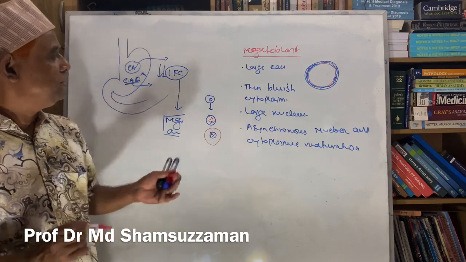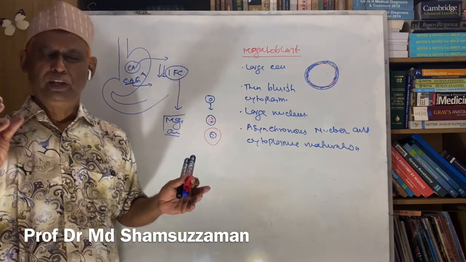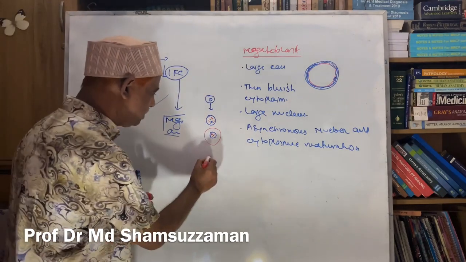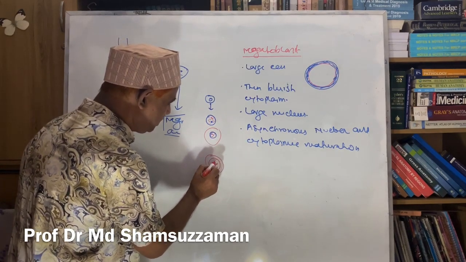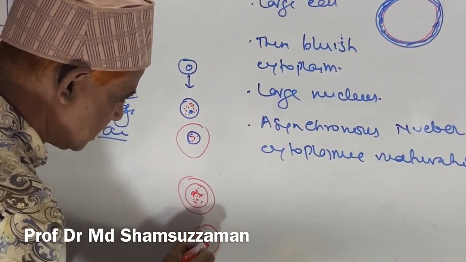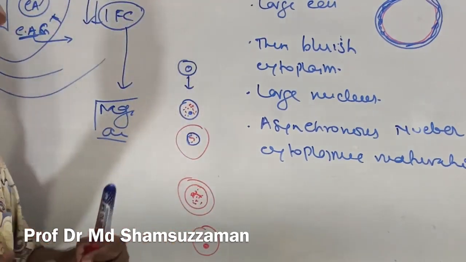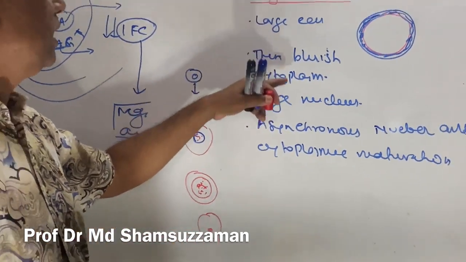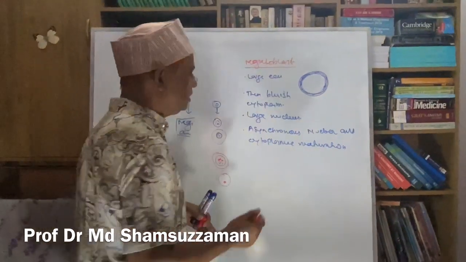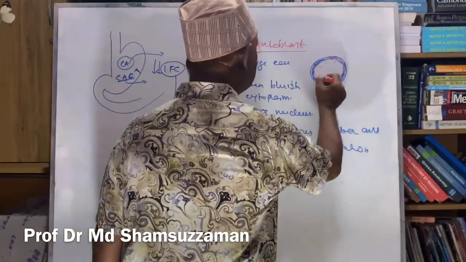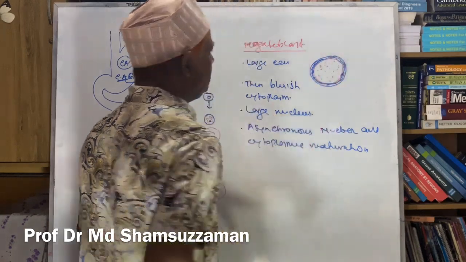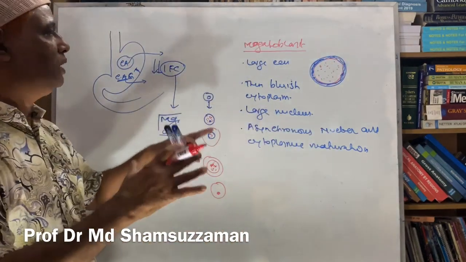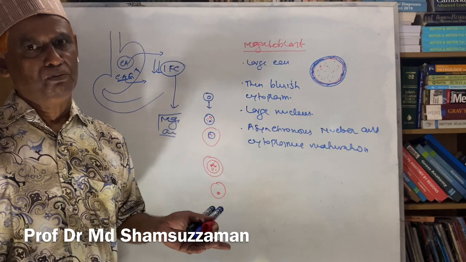Dear audience, again, during maturation of RBC, within the nucleus the chromatin becomes clumped, so the nucleus becomes smaller in size due to clumping of the chromatin. But in case of megaloblast, as there is maturation arrest, the chromatin remains fine and dispersed. And this fine and dispersed chromatin within the nucleus indicates maturation failure.